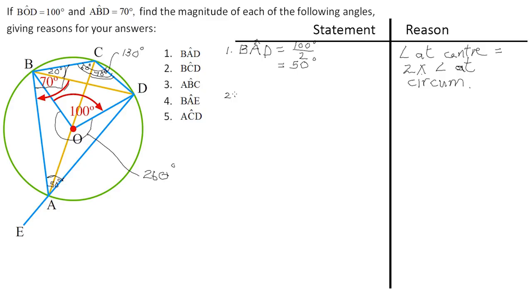But before that, we first had to calculate the reflex angle of BOD. So in other words, we're going to start off by writing reflex BOD is equal to 360 minus 100, and that is equal to 260. What's the reason there?